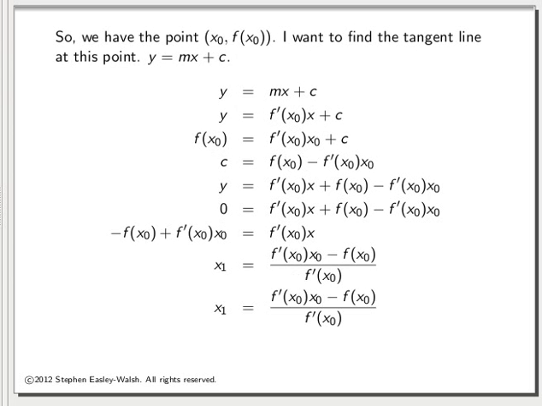So in other words, I'll split it up into two parts. Okay, so the first one here, I'll make it into two fractions. So the first one would be f derivative x0 times x0 over f derivative x0. And then the second one would be f x0 over f derivative x0.